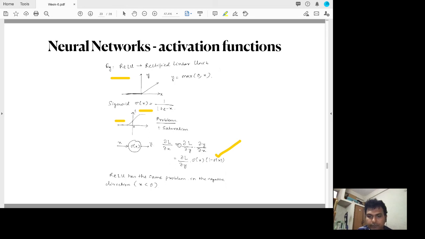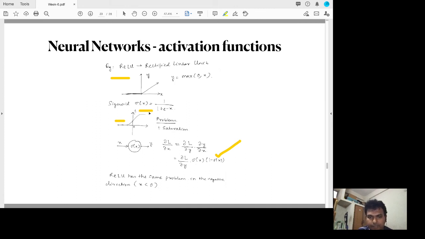What will be the value of dou L by dou x? It will be something in terms of dou L by dou y. So let's remove dou L by dou y now. Just consider sigma x into 1 minus sigma x.